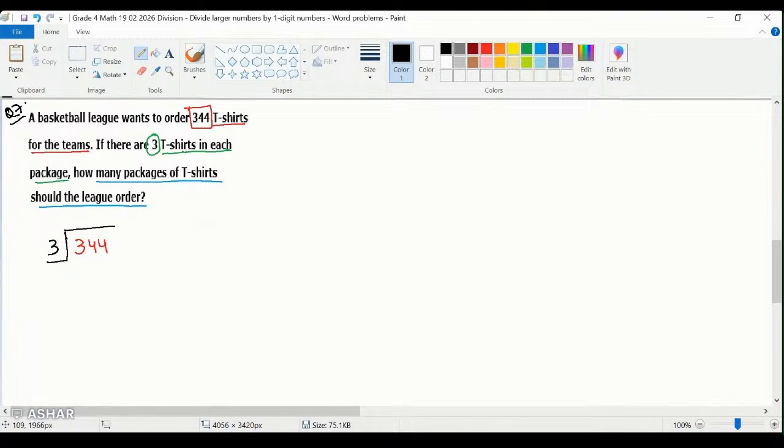Okay. Can we say 3 times 11 is 33? Agreed. And when we subtract, we are left with 1. The 4 is brought down. Can we divide 14 by 3?